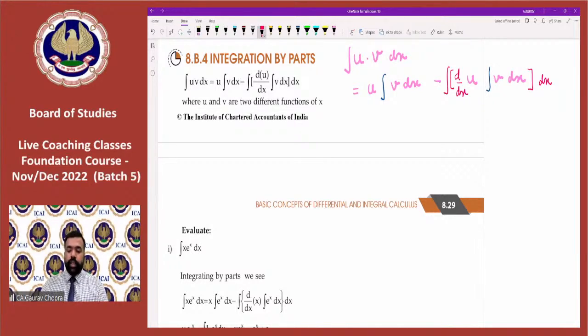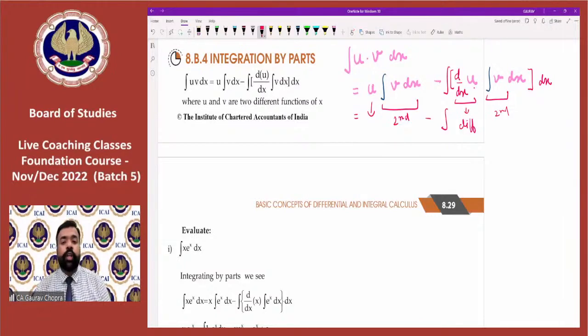Integration by parts. This formula wants to say that whenever you are having two functions, the first function will remain outside. We will not integrate the first function. Then v is the second function. We will integrate the second function. Minus. Now again the first function, we are differentiating it first. Before integration, we are differentiating the first function and then integrating the second function.